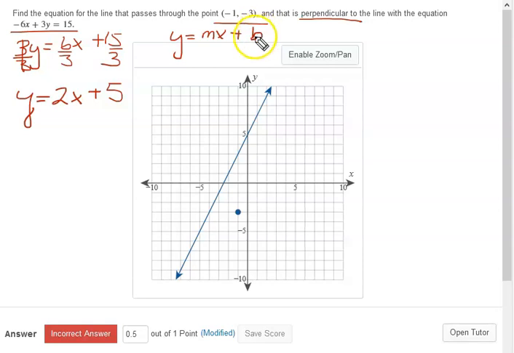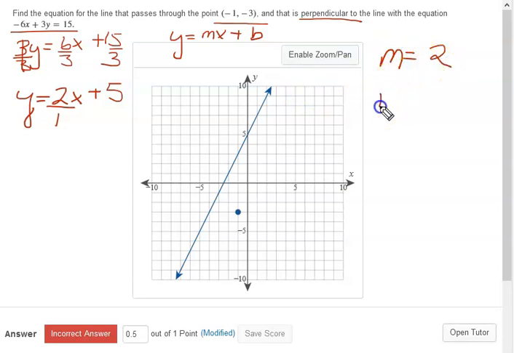Well, b is our y-intercept, which is the 5 here. And that's right there. So that looks good. But what then is the slope of this line? Well, the slope of this line is what would be in the m position, and that's a 2. And remember, that's 2 over 1. We just don't write that. So a line parallel to this would have a slope of 2.